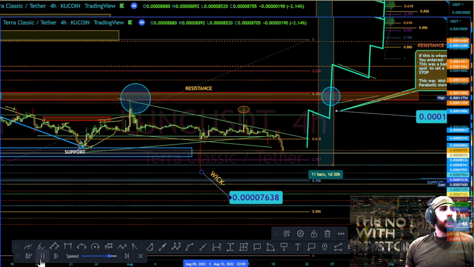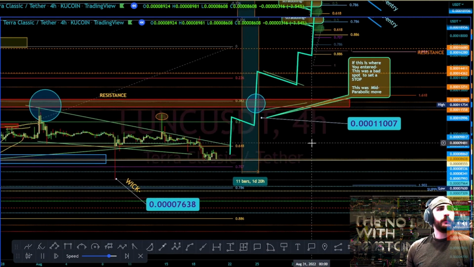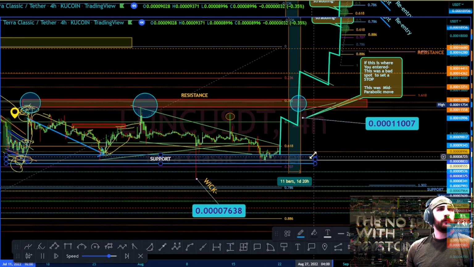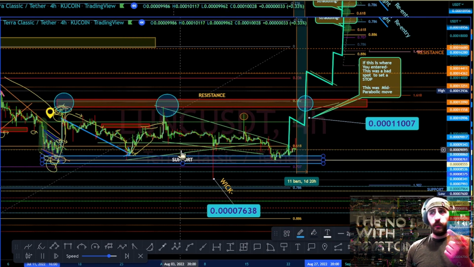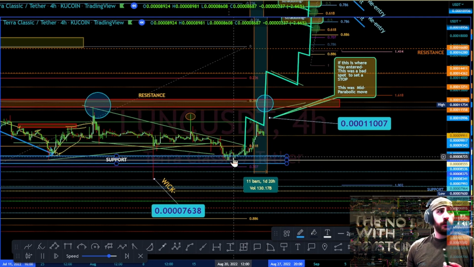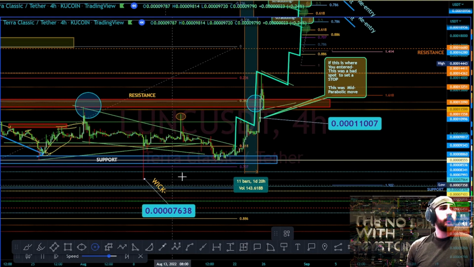All right, so let's let a couple candles play out. See if we draw that support level out a little bit further, like I just did, it followed it perfectly. So that is a definitive strong support zone.